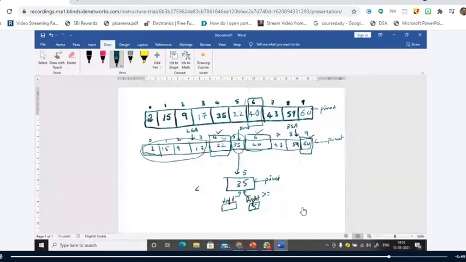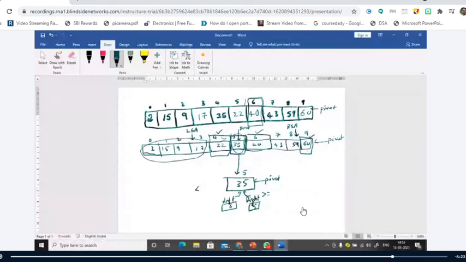6. So when the 2 pointers cross each other, you have to swap the element with the pivot element. So 35, we have only one element, right? 35 is swapped with 35. Therefore, the element remains the same and it has occupied the correct position.